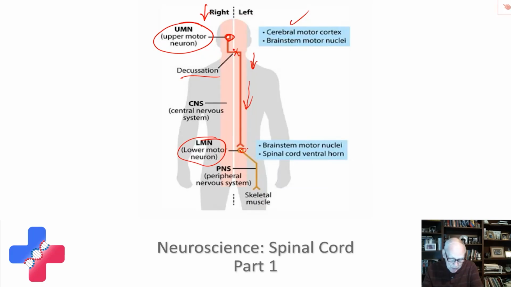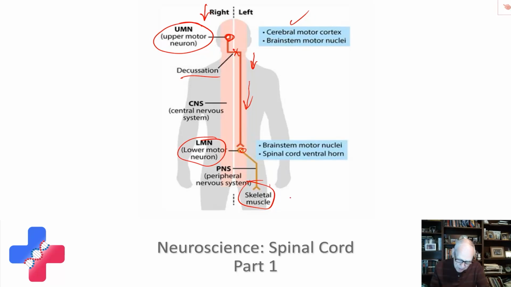So all of the upper motor neurons are exclusively in the central system. But the lower motor neurons begin central, but as the axons proceed, they end up in a spinal or cranial nerve. And it's the peripheral nervous system that distributes these out to the motor end plate and to skeletal muscle. So again, it's an upper descending to a lower.